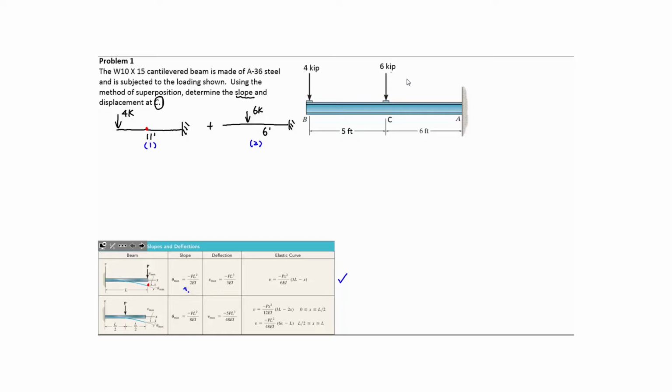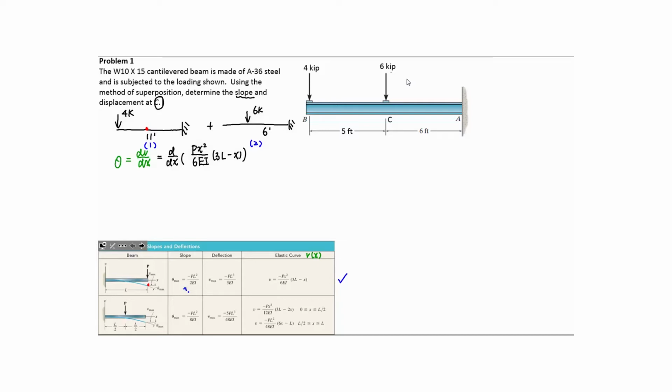We need the relationship between the slope and the deflection: the slope function is the first derivative of the deflection function. This is what we need to do for this problem, take the first derivative of this equation.